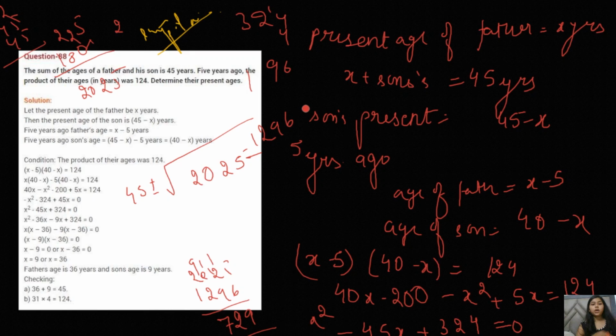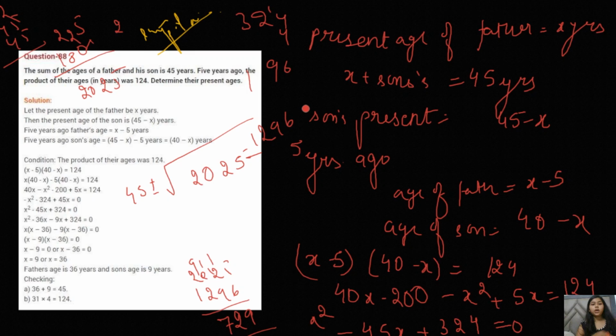So we can write 45 plus minus 27 divided by 2. After adding them we get 72 by 2, or 36 years. After subtracting them we get 18 by 2, it means 9 years. So these are the two possible ages of the father.